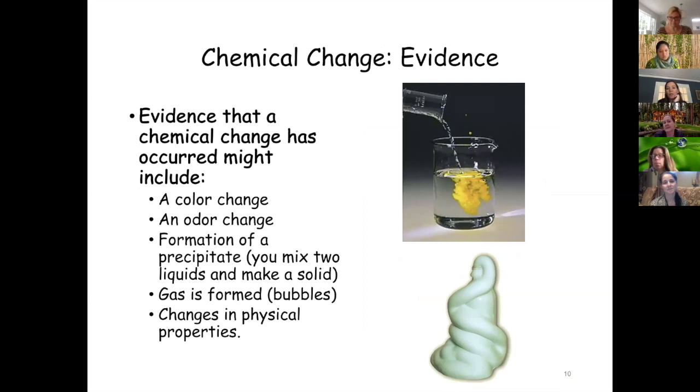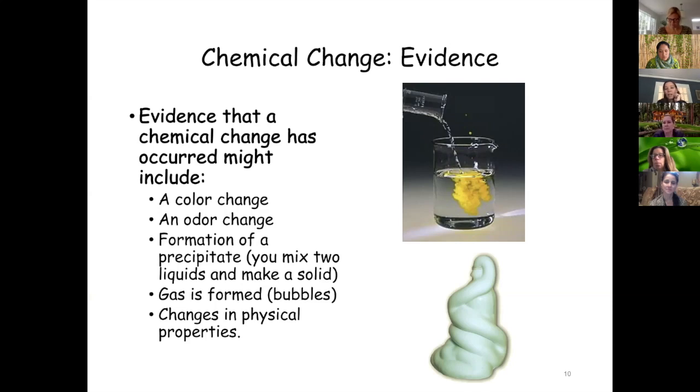So evidence that a chemical change has occurred might include a change in color, a change in odor or different smell, a formation of a precipitate, which is a solid that comes out of the liquid. So if you pour in the clear liquid into the other clear liquid, and look what happens.